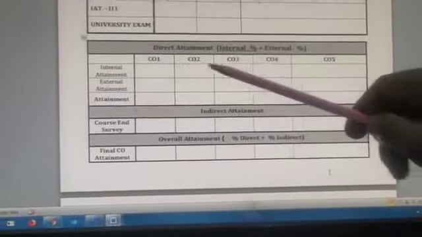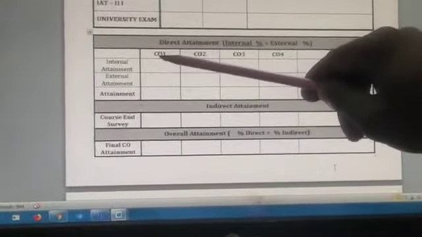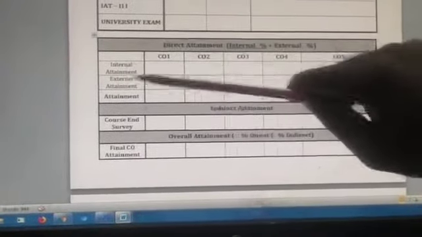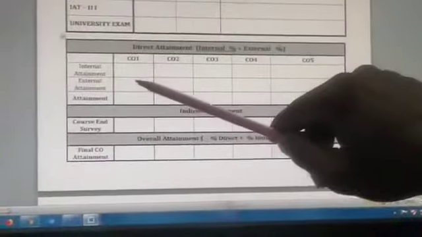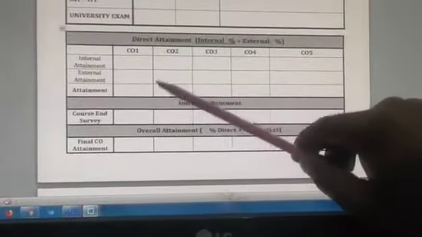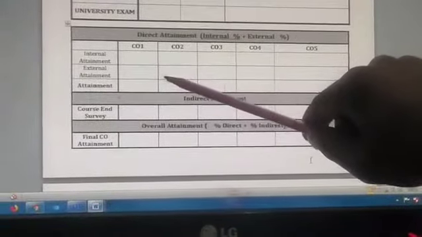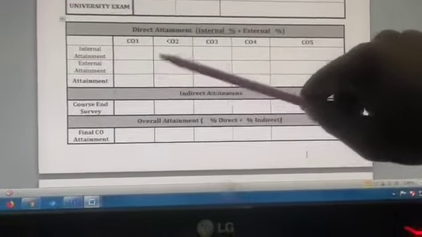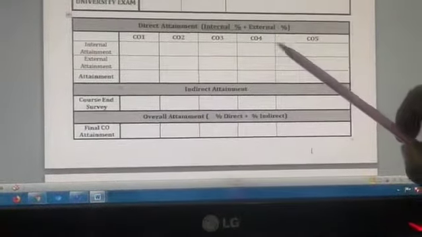For each CO, we have to find out, each CO is to be assessed by the internal attainment as well as the external attainment. This external attainment is assessed by the university examination. In university examinations, we don't group the questions with respect to the CO level.